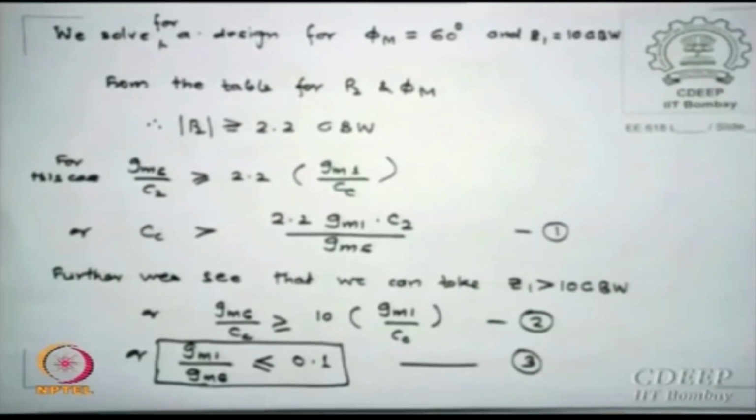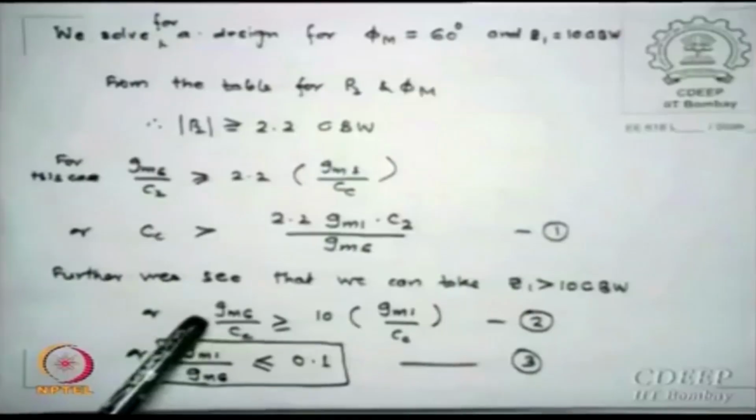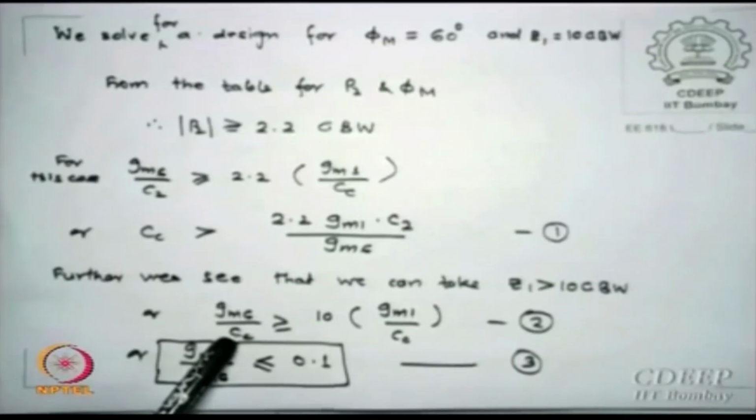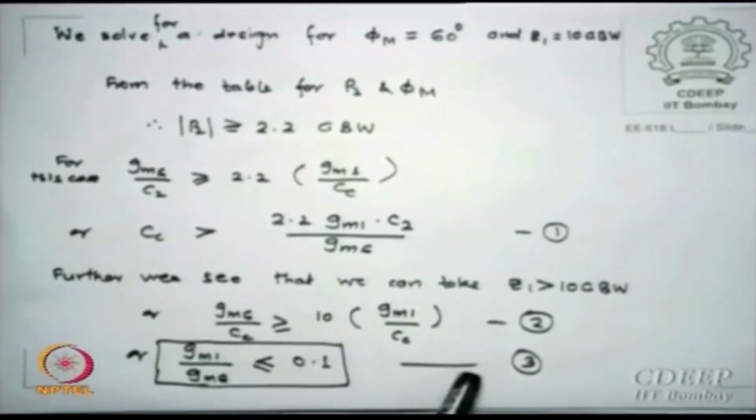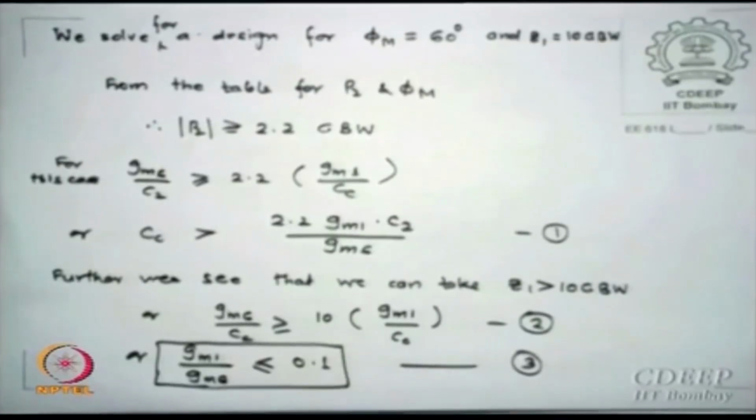So if I do this, since I said Z1 is 10 times the gain bandwidth, Z is gm6 by Cc, and that should be greater than 10 times the gain bandwidth gm1 by Cc, both Cc, please take it. So gm1 by gm6 will be less than 0.1, or equal to 0.1. Is that okay?